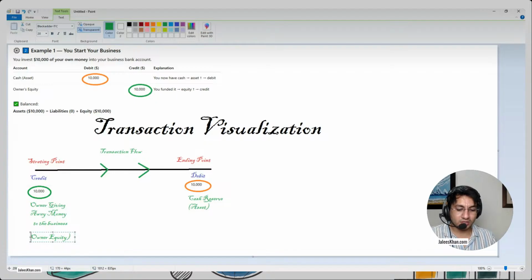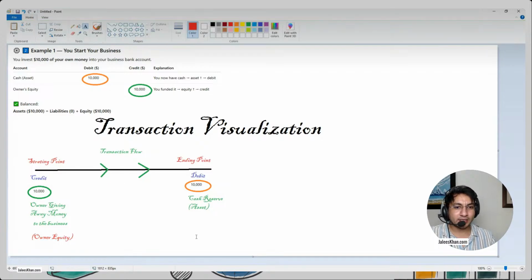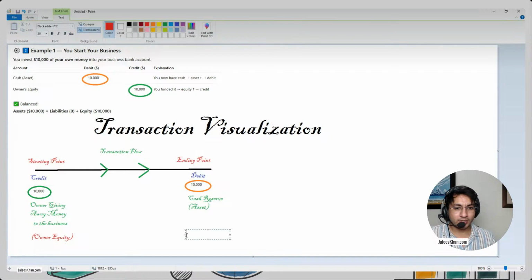And the cash comes in the asset, because the value of your business increases with this deposit.